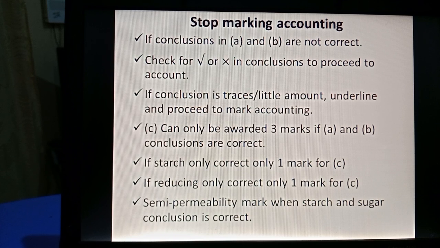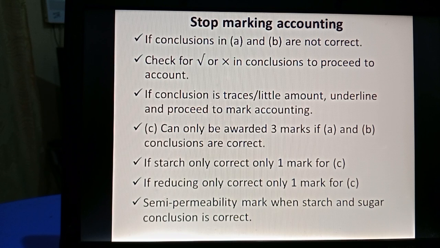So you check whether there was a tick or an X in the conclusion so that you proceed to mark the account. Otherwise, if there is an X, you don't proceed. You proceed only if there is a tick. If the conclusion is traces or little amount, underline and proceed to mark accounting.